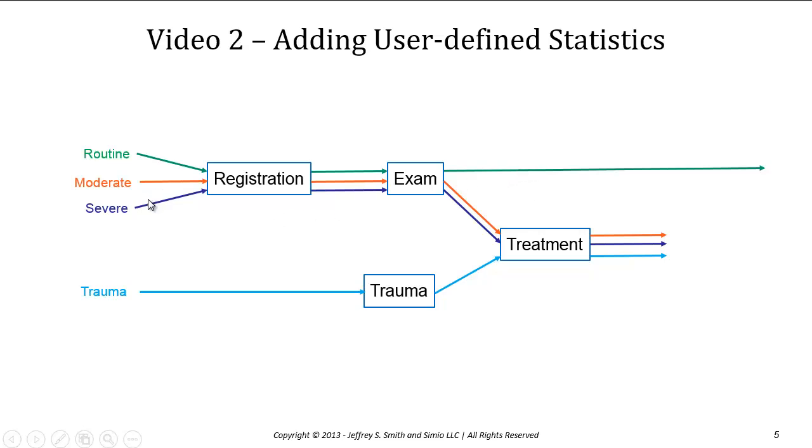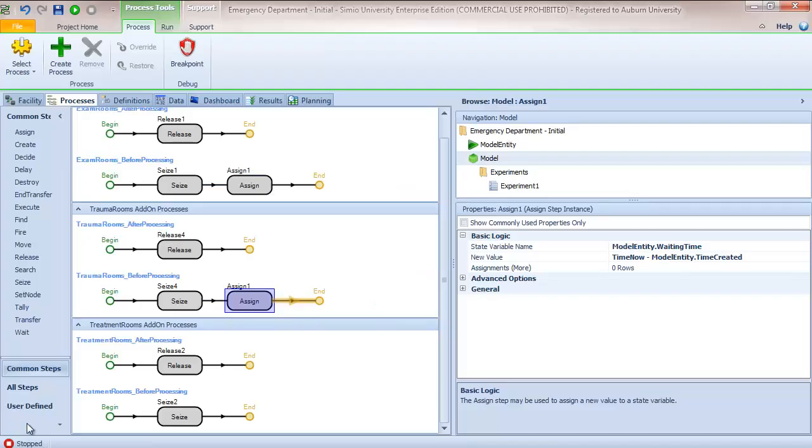But for moderate and severe patients and for urgent patients, after the exam or trauma, they go to the treatment, and so they potentially wait again for the second doctor or nurse. So when we go back to our model, now we have a slightly different situation in that we already have a value in this waiting time.